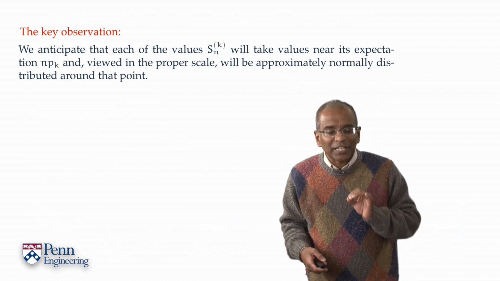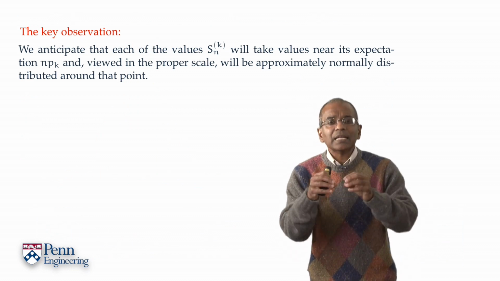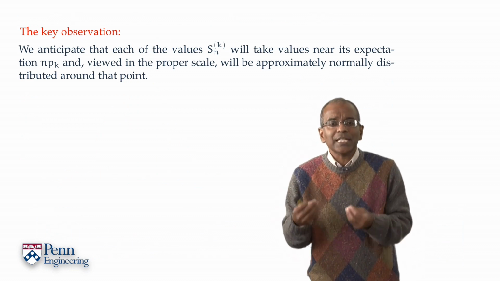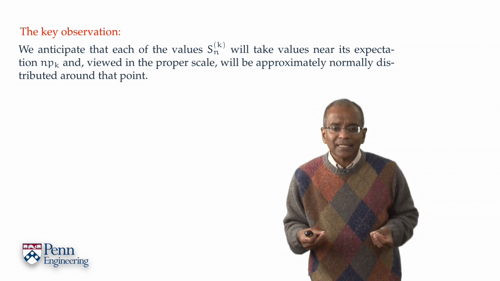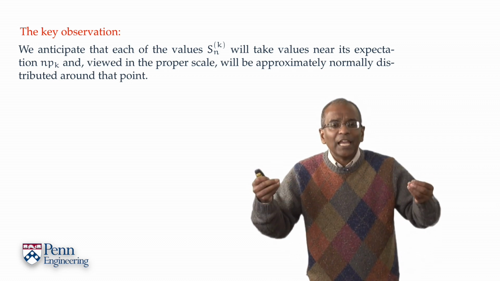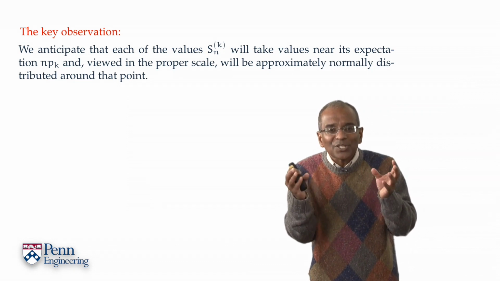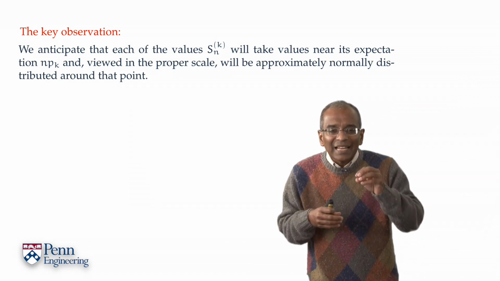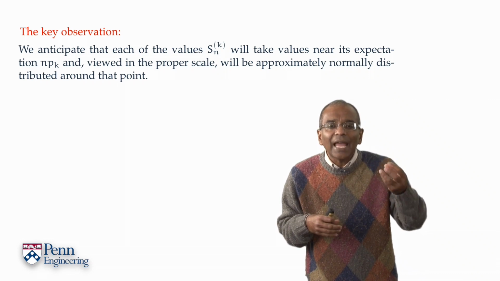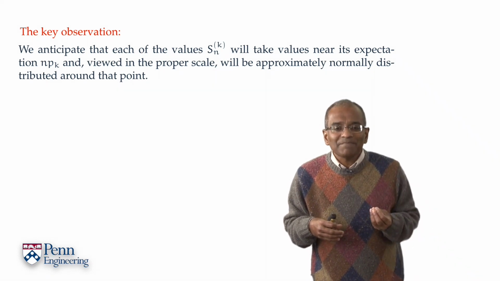What is our key observation again? Remember that each of the values Sn1 through Sn8, a generic value Snk for bin k, will take values via the law of large numbers near the expectation n times pk.